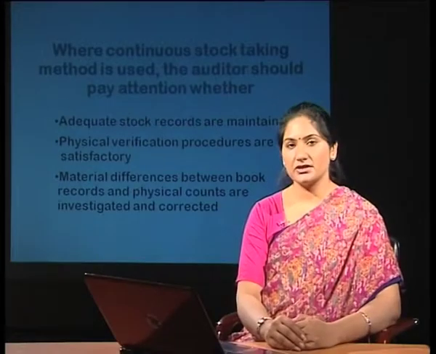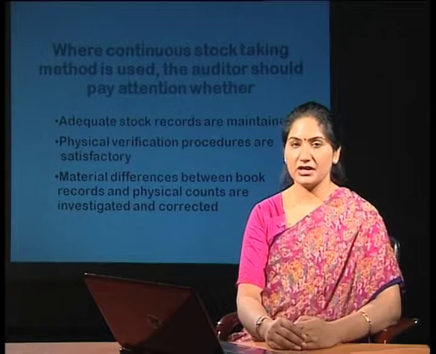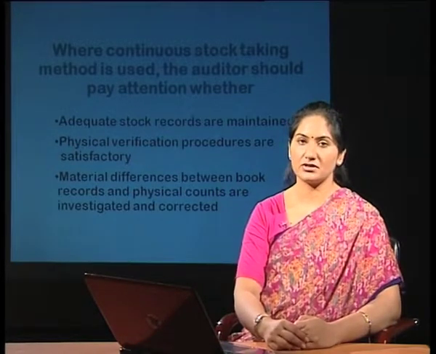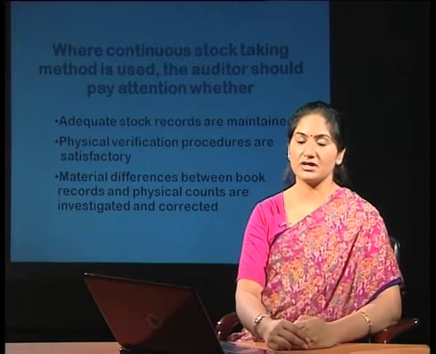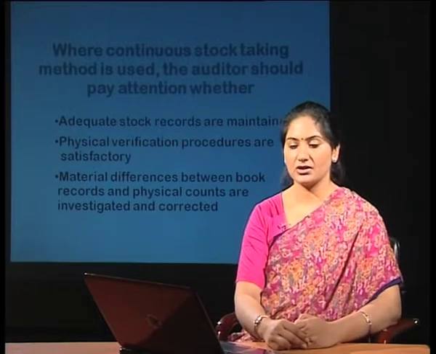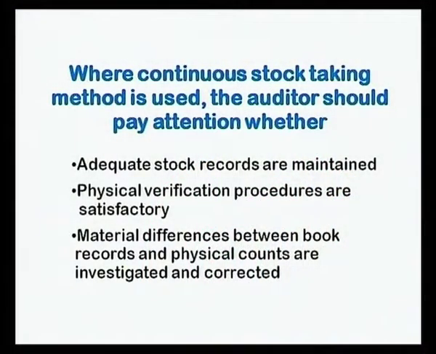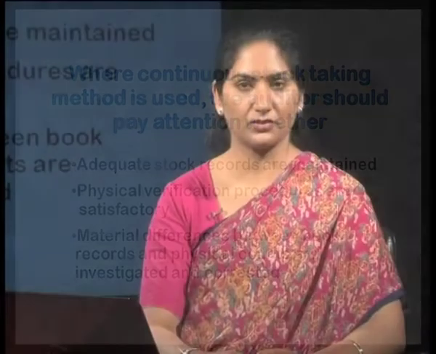In a continuous stock taking process, many of the inefficiencies followed while stock taking is done could come to light, and hence the auditor will be in a much better position to suggest ways and means to correct these problems. He can also tell the entity about the material differences which occur between the book records and physical counts, and these could be investigated and corrective measures could be taken.